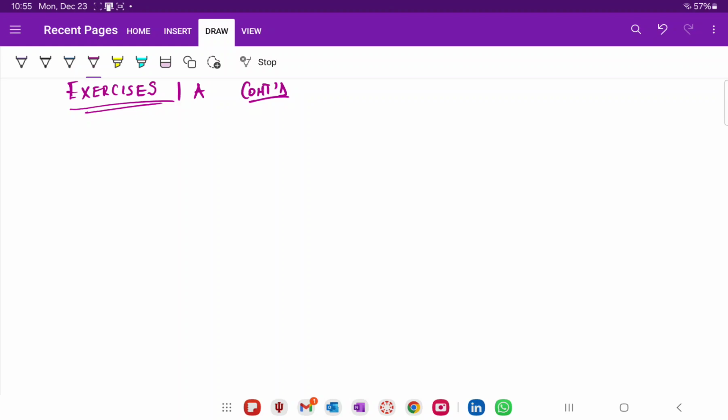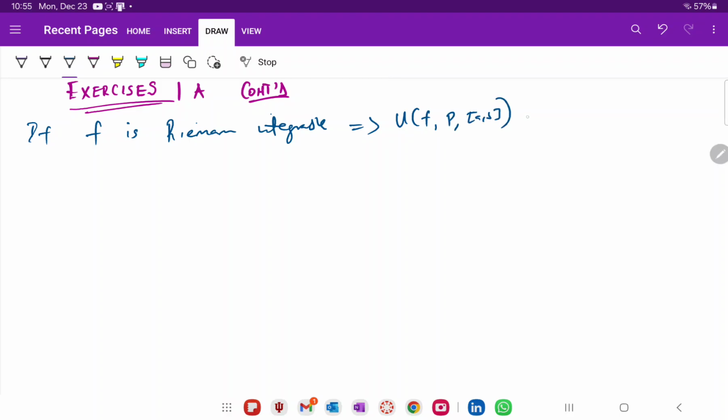So we're able to solve questions 1, 2, 3. Importantly, in question 3, if f is Riemann integrable, don't forget f is bounded, then we have this theorem, then we can say that this theorem is satisfied.